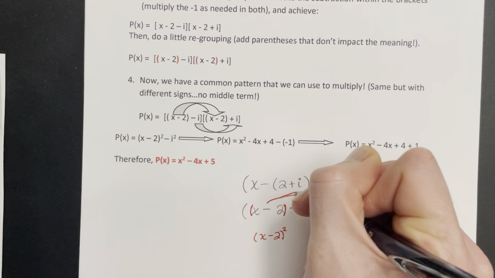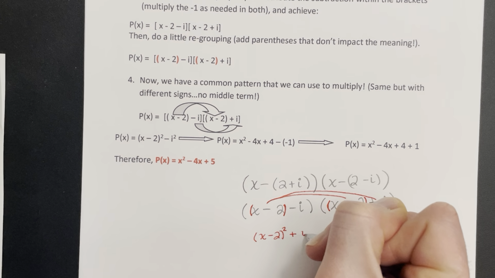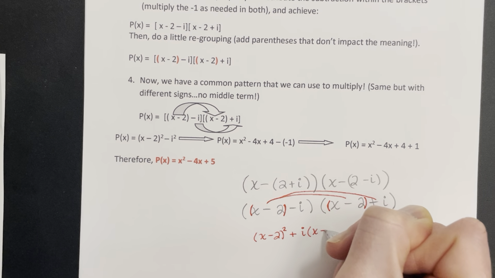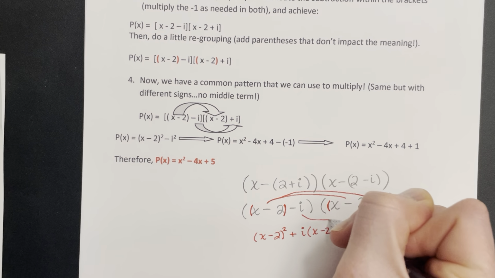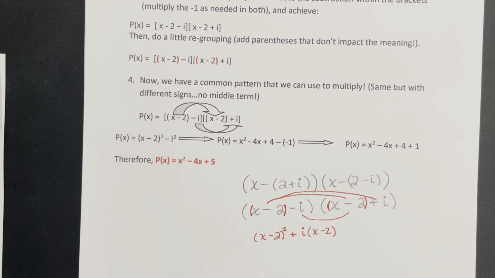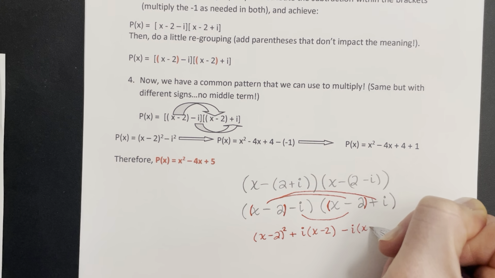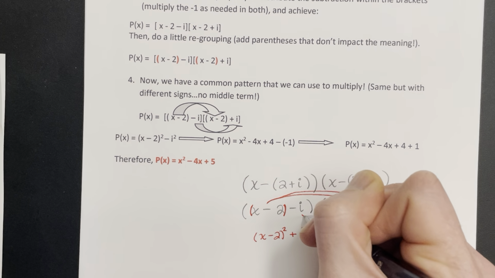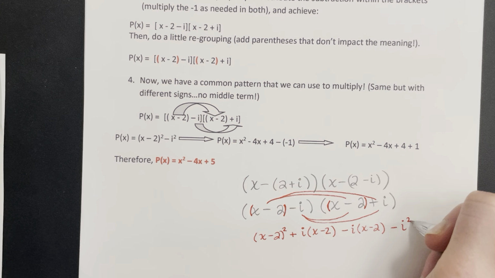Then we have (x minus 2) times i, which would be plus i times (x minus 2). And if I distribute the next part, it's negative i times (x minus 2), so minus i(x minus 2). And then the last part is i times i, so minus i squared.